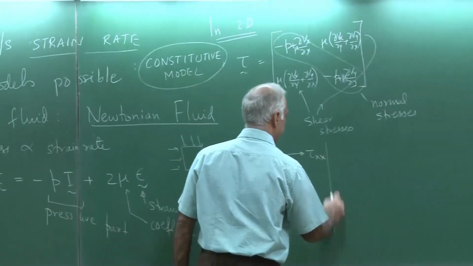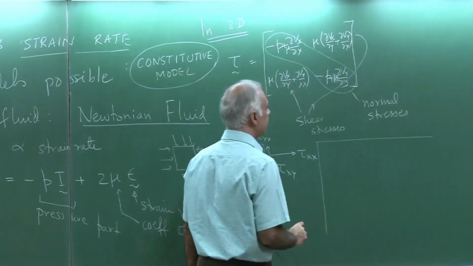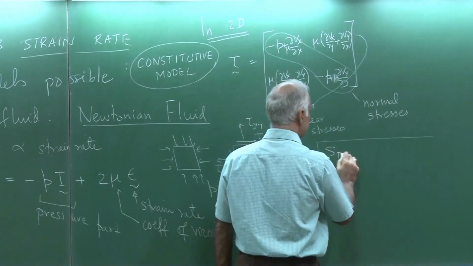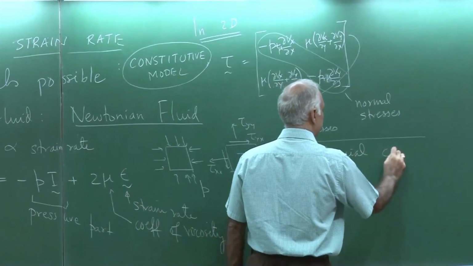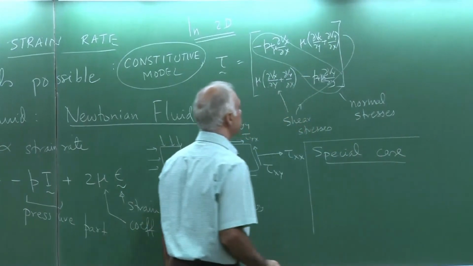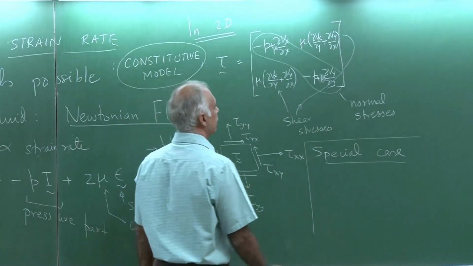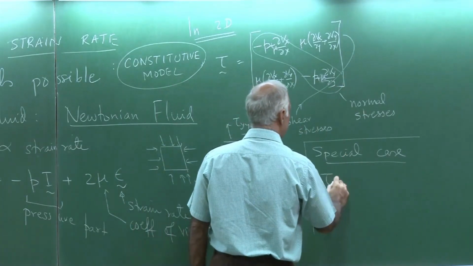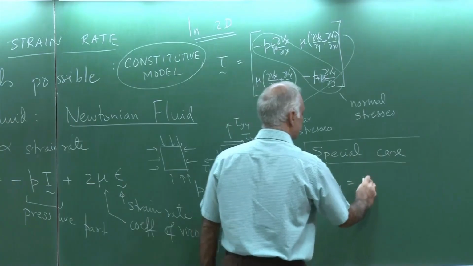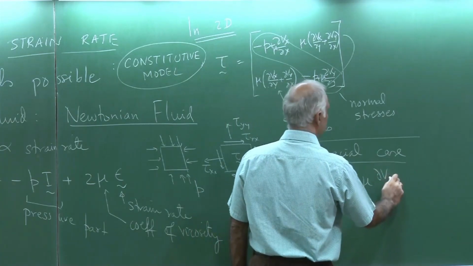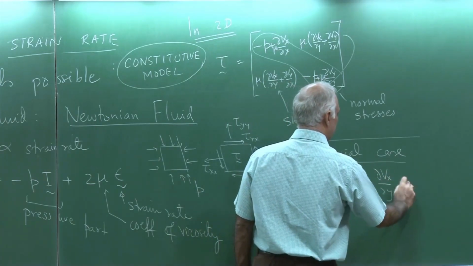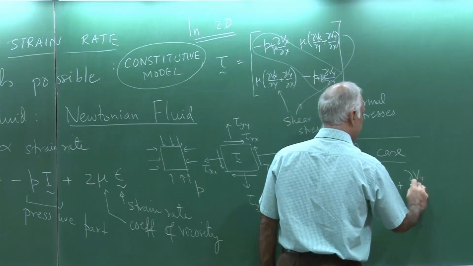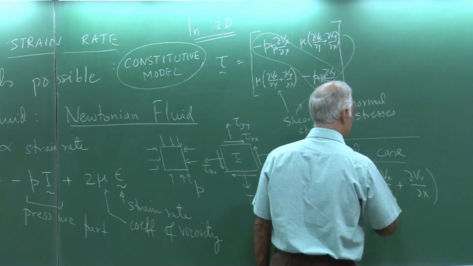Suppose I look at a very special case. So, I look at tau xy, which is mu times del Vx by del y plus del Vy by del x.